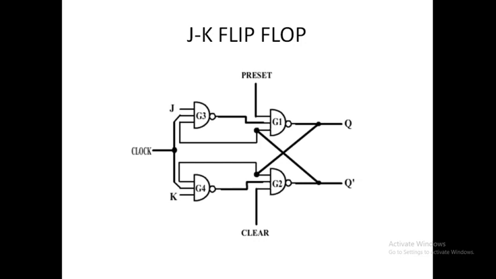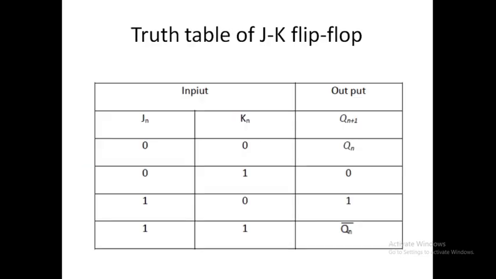This is the clock, and four NAND gates, and Q and Q bar are the outputs. So here we can say J and K are independent, right? And this is the JK flip-flop truth table, where if J and K are 0, then the output will be Qn, and if J and K are 1, then the output will be Qn bar.